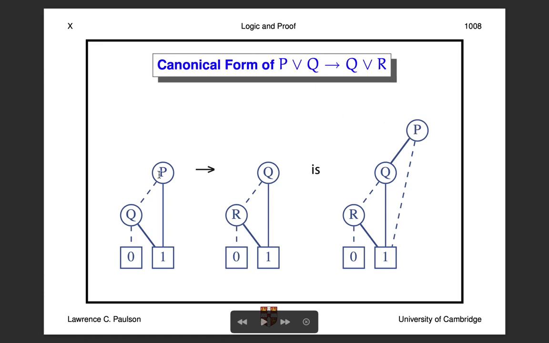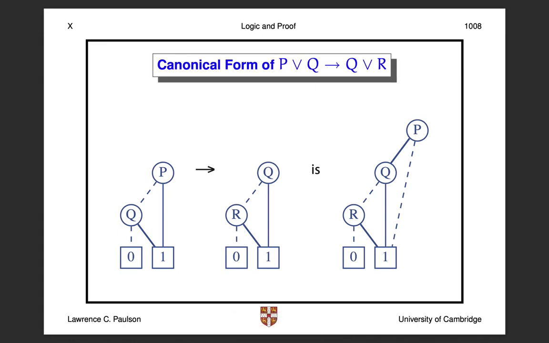What happens if P is false? If P is false, then we do a test on Q. Now, if I were demonstrating this in the lecture hall, I would have my two fingers out now, one over this Q and the other over that Q, because we are comparing the two formulas and working out what happens. When Q is false, this side goes to 0. 0 implies anything is true.